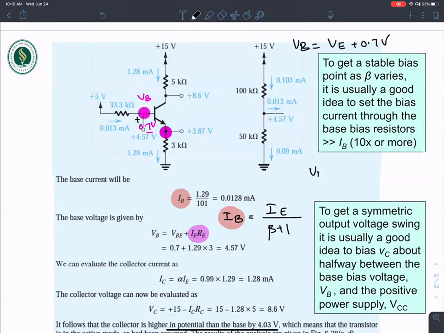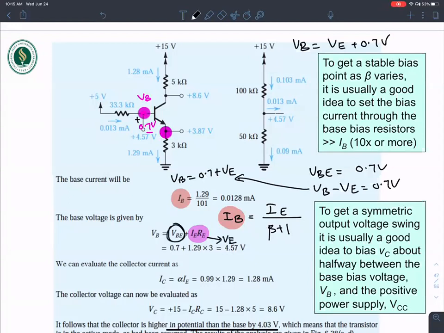As you can see, VBE is 0.7 volts, so VB minus VE is 0.7 volts. Therefore, if you wanted to find VB, all you have to do is 0.7 plus VE. That's all you are doing here. So this is VE plus 0.7.